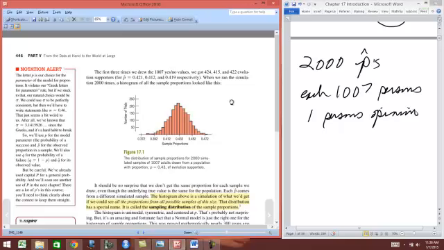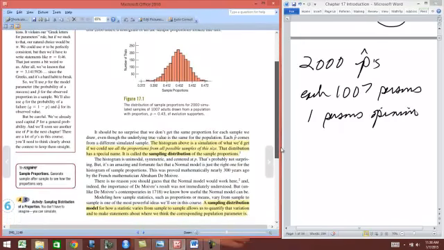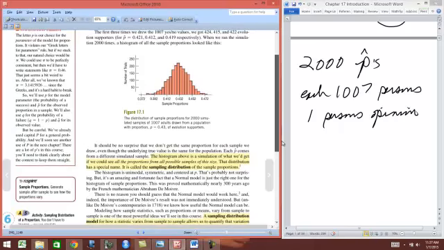However, the thing to note is that this distribution of these sample statistics, called a sampling distribution, as you can see right here, is approximately normal.